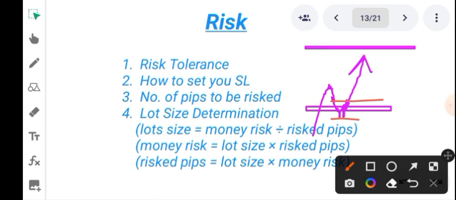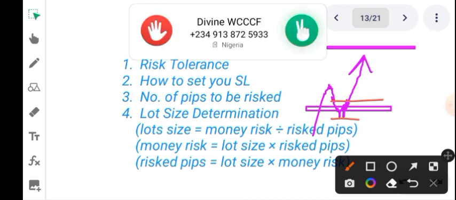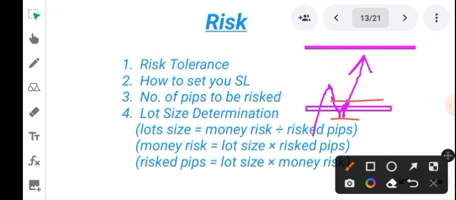So it's your responsibility to determine the lot size you are going to use that will not exceed the risk you want to take. It's your duty to determine what lot size you are going to use, so that even if you lose the trade, the amount you lose will not exceed your risk tolerance.